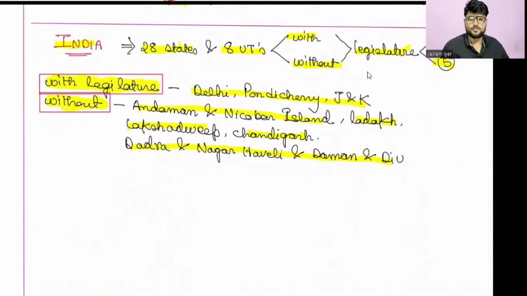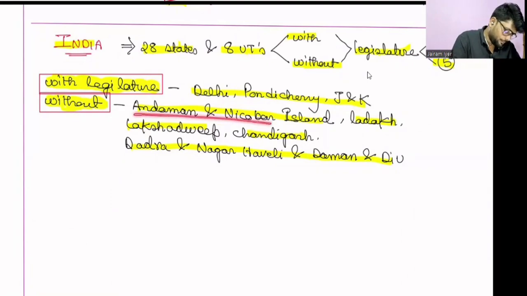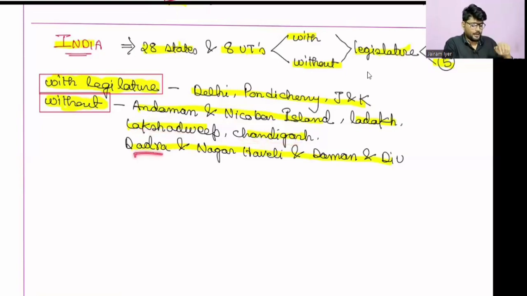So always remember from GST's point of view, Delhi, Pondicherry and Jammu and Kashmir are deemed to be states. But Andaman and Nicobar is a union territory. Ladakh, Lakshadweep, Chandigarh, and now Dadra and Nagar Haveli and Daman and Diu, they all are combined into one union territory, in the previous year.